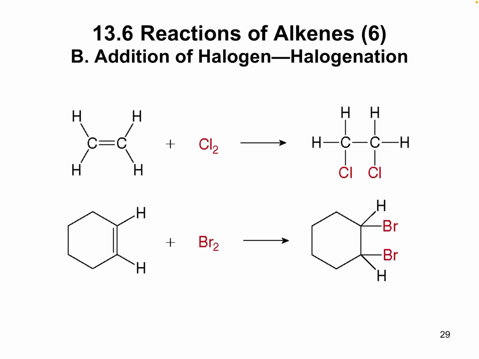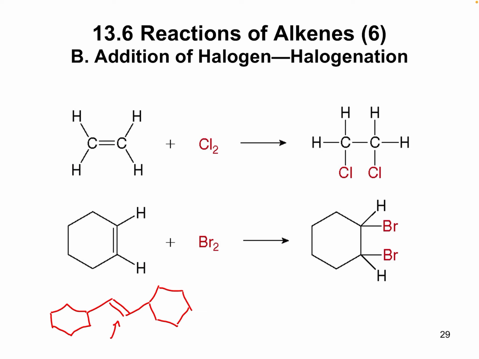So what if we had a much, much larger alkene? We could still do any of these reactions of alkenes with it. All right, so let me give you an example. What if we had this big molecule?